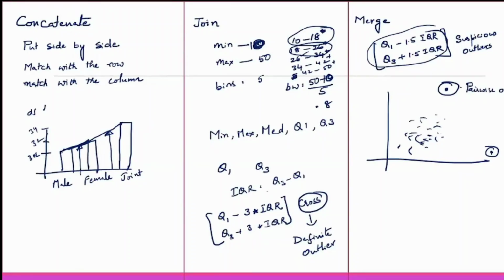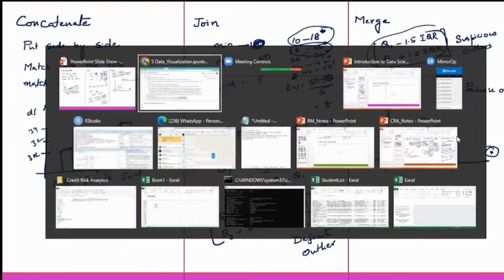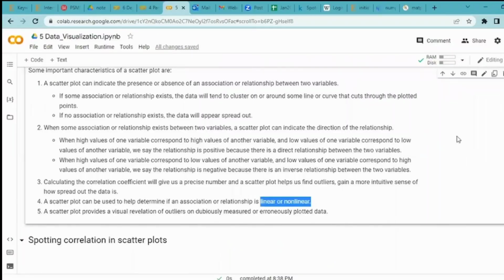Individually, when I look at x and y, they may or may not look like an outlier. But if I take x and y combined, it might very well come out as an outlier. So those kinds of interpretations are also very much possible.